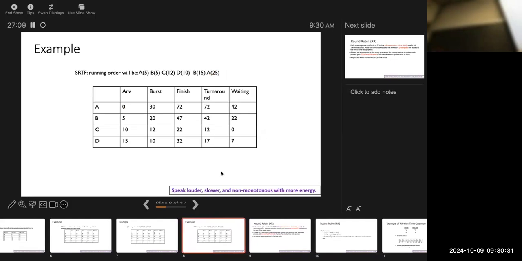So let's say we have again these four processes, and again I am giving the arrival time of 0.